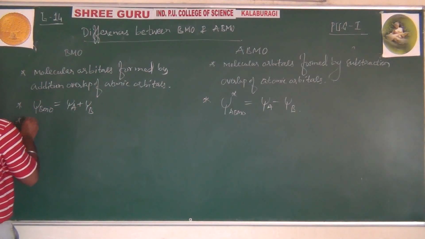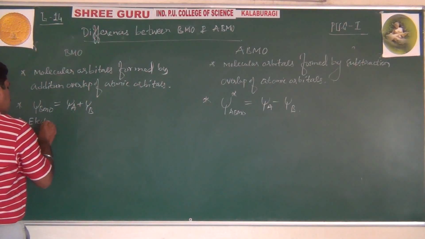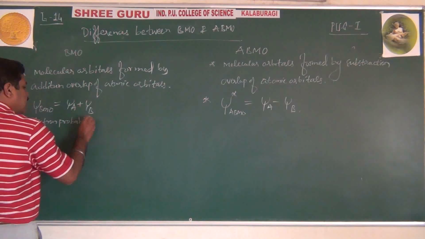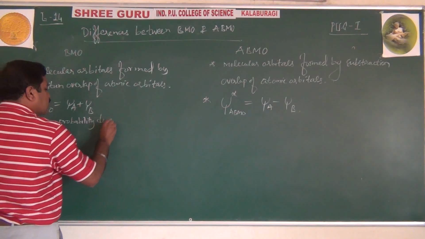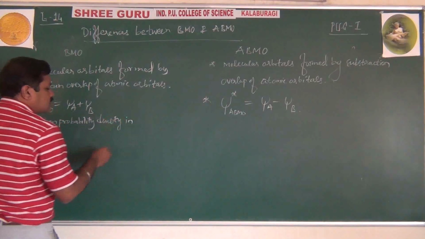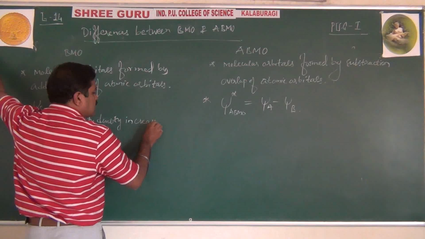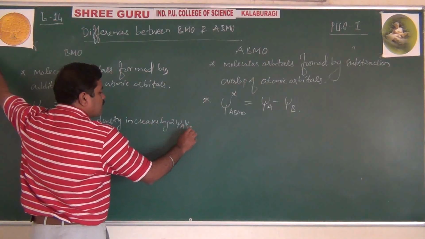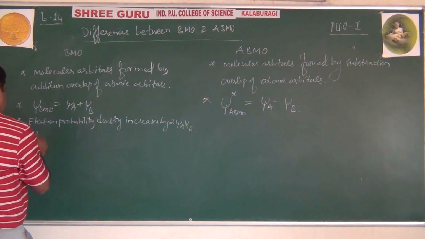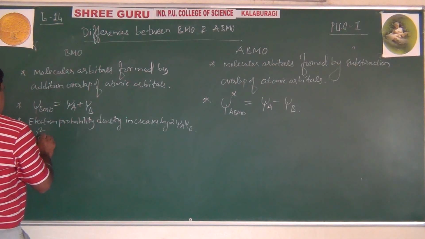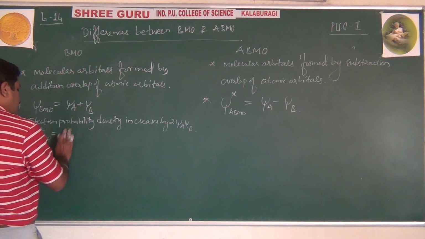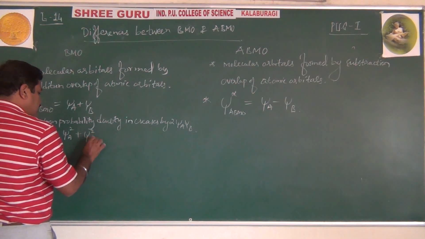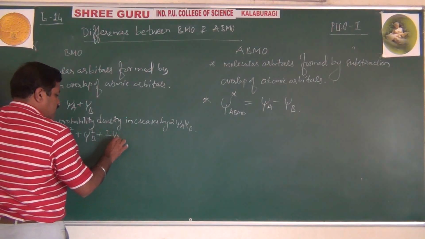Here the electron probability density increases by 2 psi A psi B. That means psi square BMO is equal to psi square A plus psi square B plus 2 psi A psi B.